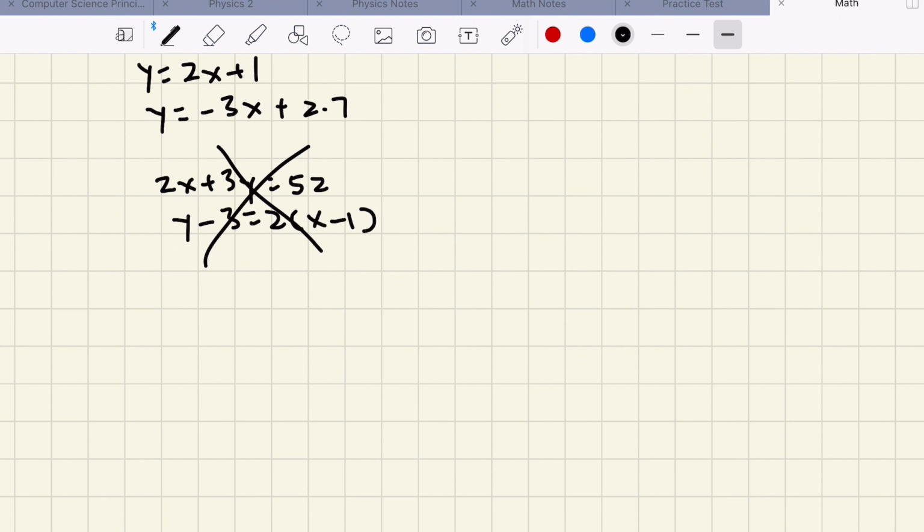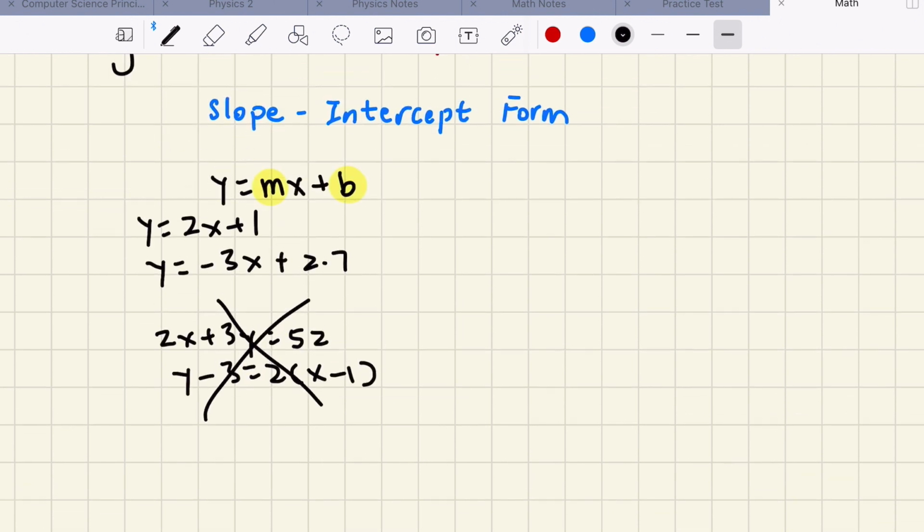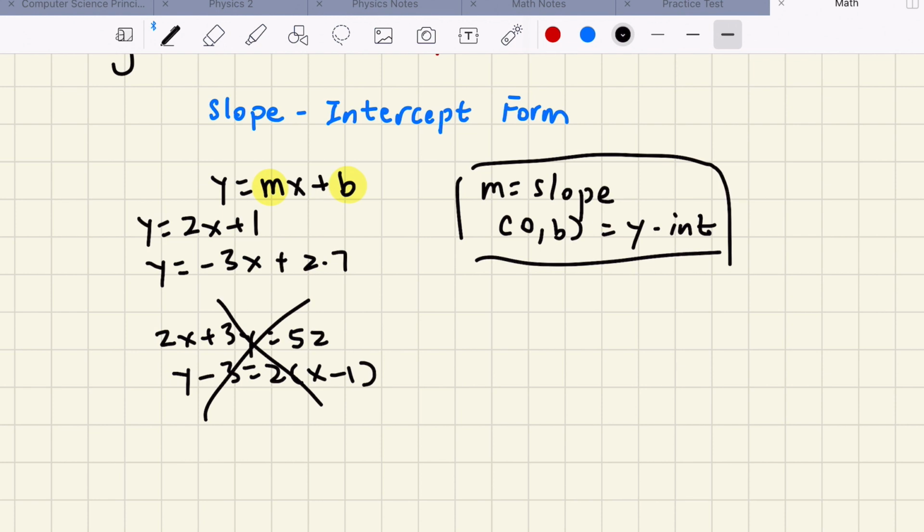However, besides being neat and simplified, the slope-intercept form's advantage is that it gives two main features of the line it represents. First, the slope: m equals the slope, and the y-intercept is at (0, b). So these are the two things a slope-intercept form tells us: the slope, which is m, and the y-intercept, which is b, or at (0, b).